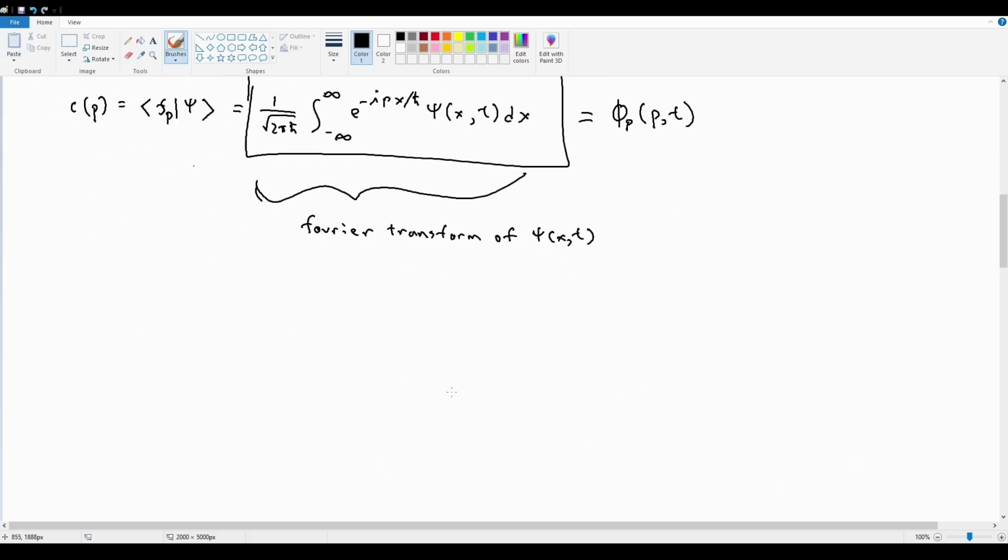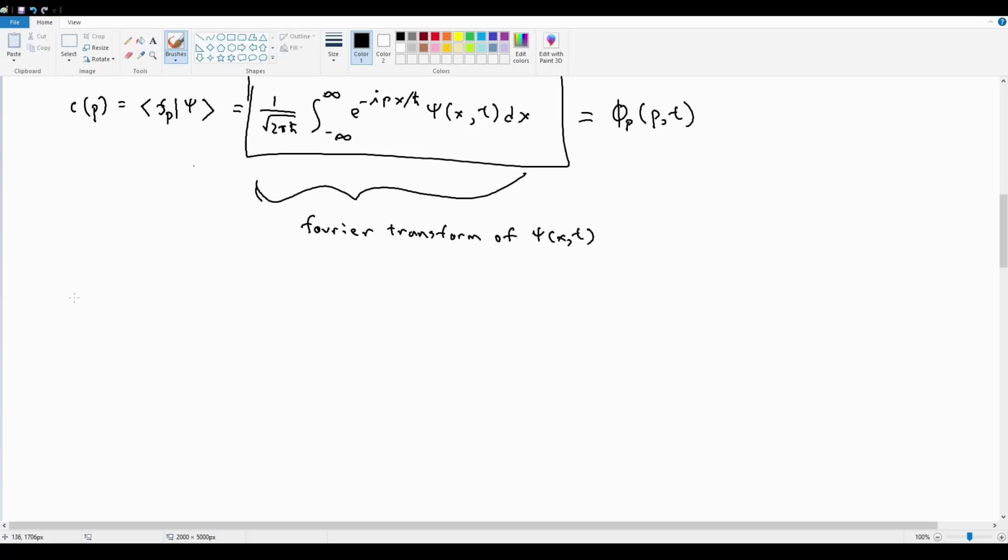We went over Plancherel's theorem a little while back. I don't remember which problem it was, but it was basically saying you can take a Fourier transform of psi of x comma t and turn it into something in terms of momentum instead of position. And you can do the same thing with the momentum wave function and transform it back into a wave function of position instead of momentum.